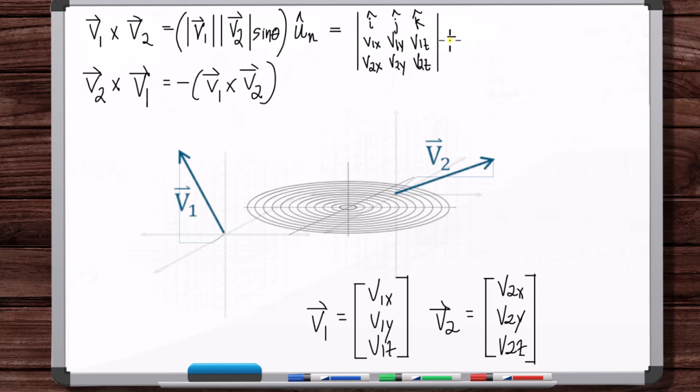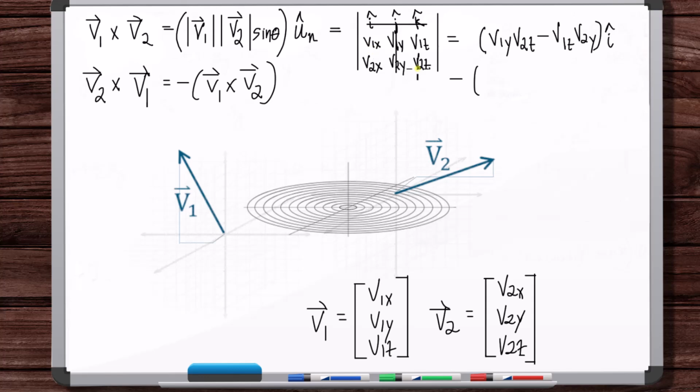Okay, so the determinant, if you look up the formula for a 3x3 matrix determinant, it's going to be, so we start here with i hat, we cross out this column and this row. So now what's the determinant of this 2x2 matrix? That's V1y, V2z minus V1z, V2y. Okay, now all of this times i hat. Now the next term we put a minus, and then we come to j hat, cross out this row and this column, and what's the determinant of this 2x2 matrix?